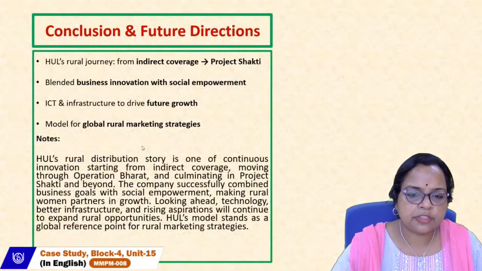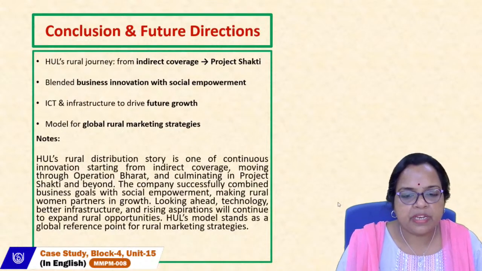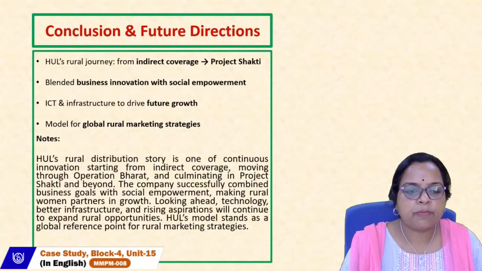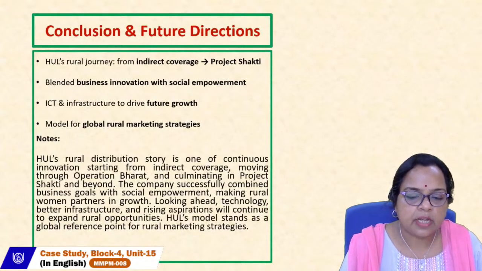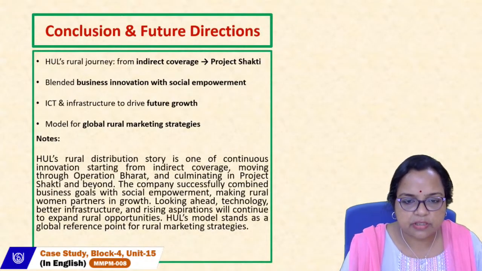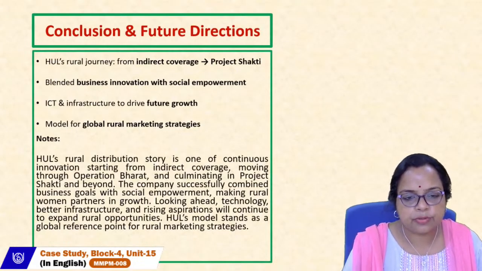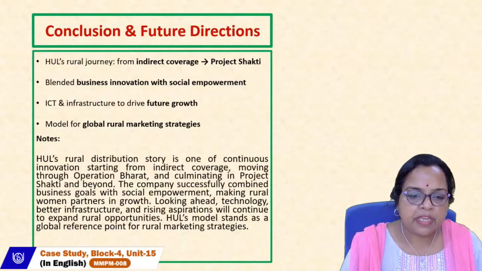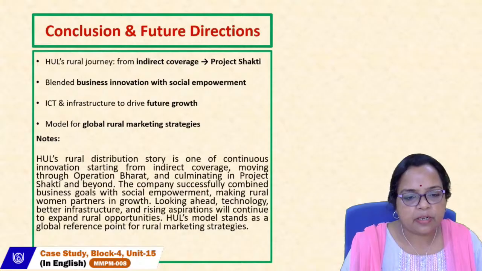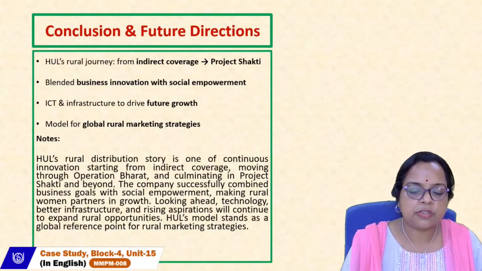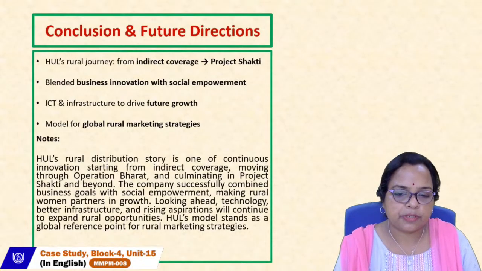So HUL's rural distribution story is one of continuous innovation, starting from indirect coverage, slowly moving through Operation Bharat and culminating in Project Shakti and beyond. The company successfully combined business goals with social empowerment, making rural women partners in growth. Looking ahead, technology, better infrastructure, and rising aspiration will continue to expand rural opportunities.